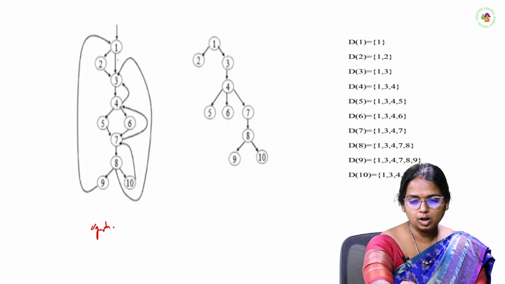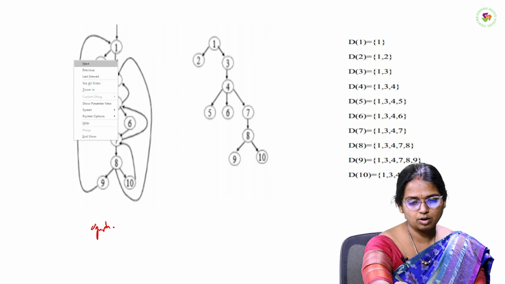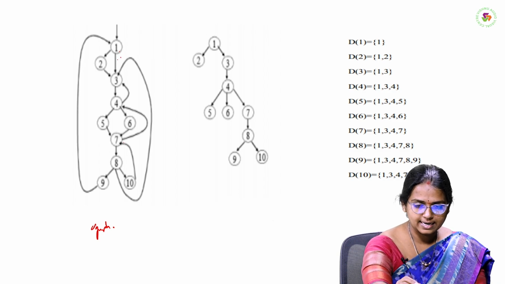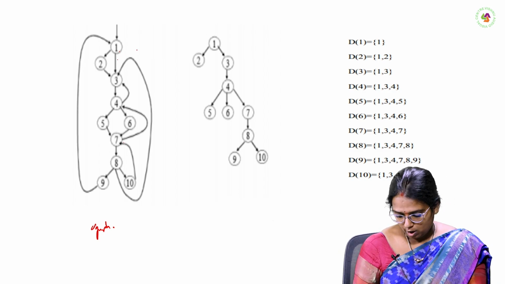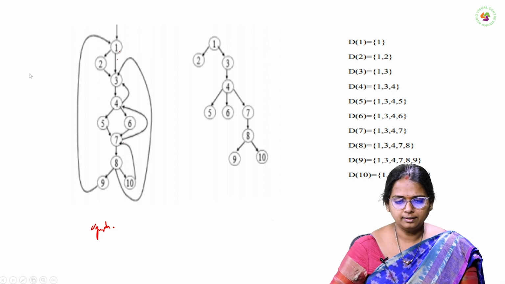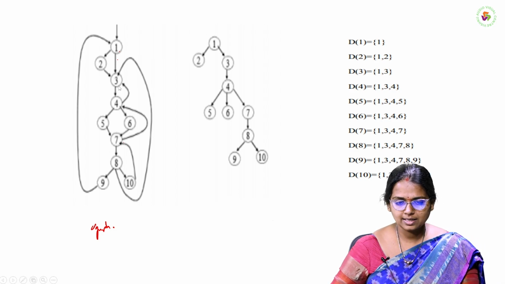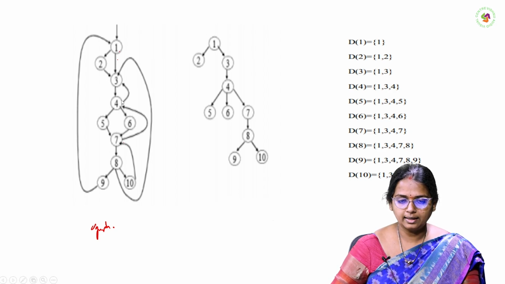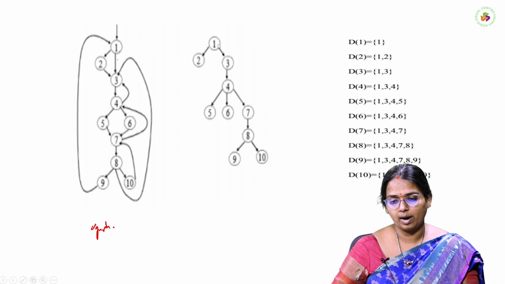So the dominator of 1 is none, because the node itself is a dominator of all. Nobody will dominate the start node. Similarly here, to pass to 3, I should go from 1 to 3 or directly 1, 3. So here 2 and 3 are dominated by 1. So 1 dom 2 and 3.